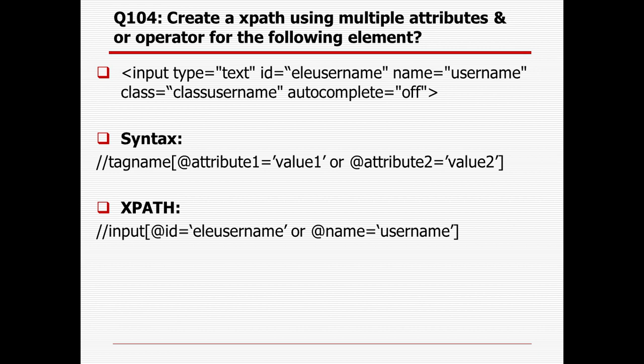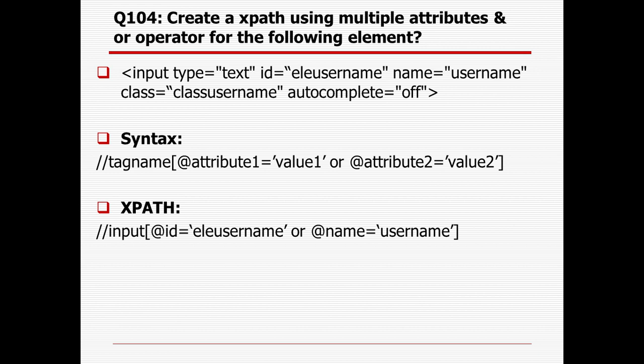Whenever you create an XPath using only one attribute and its value gets changed, obviously the element will not be identifiable. A no such element found exception will be triggered whenever you run an operation on the particular element using the XPath you created.